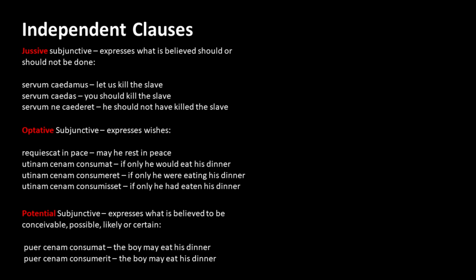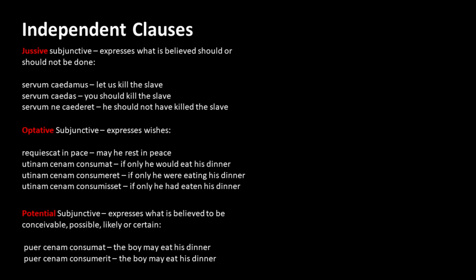Notice that Latin has a distinction. Expressing a future possibility requires a present subjunctive. Expressing a present possibility requires a perfect subjunctive. In English, for the future or the present, we use may.